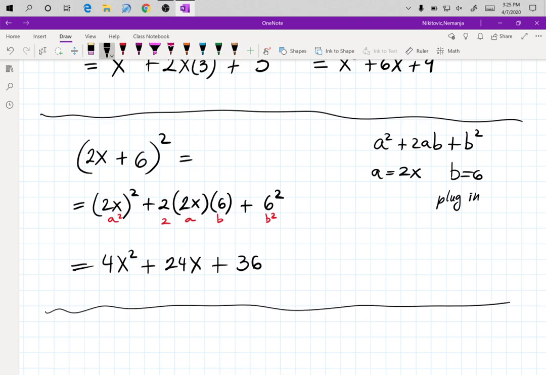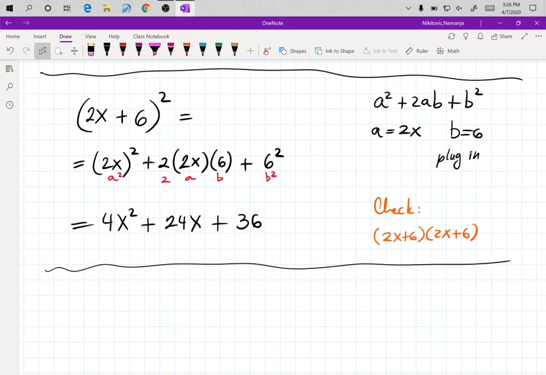If you really want to check, then do (2x plus 6) times (2x plus 6), and go ahead, FOIL everything. You will get this. You have to. So this formula allows us to go through the calculation much quicker than sitting down to FOIL and then collect like terms.